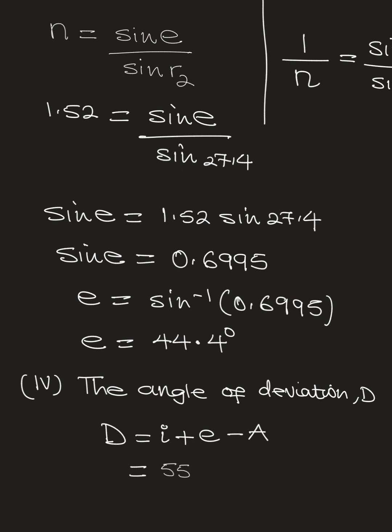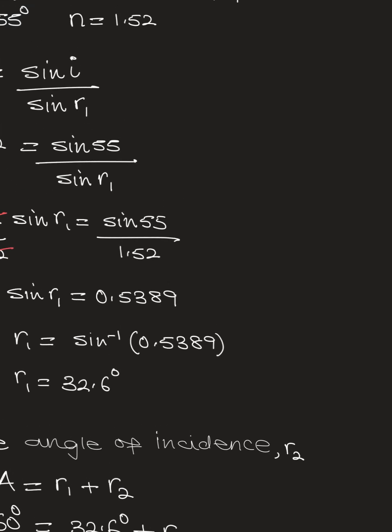That is 55 plus the emergent angle is 44.4 minus the angle of the prism is 60. 55 plus 44.4 minus 60 will have 39.4 degrees as the angle of deviation. Moving on to question 5.